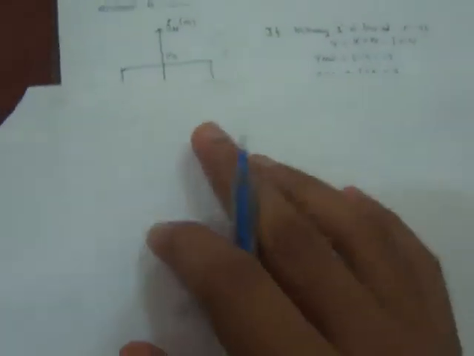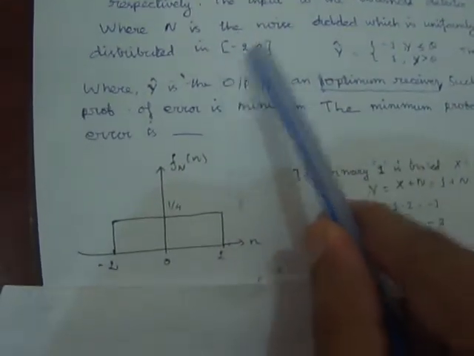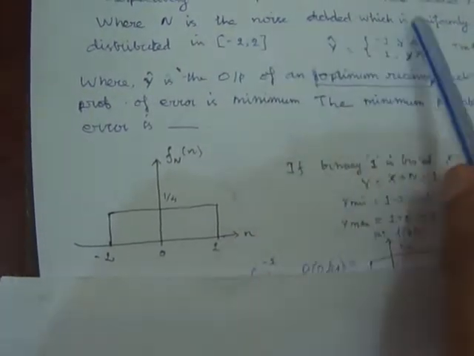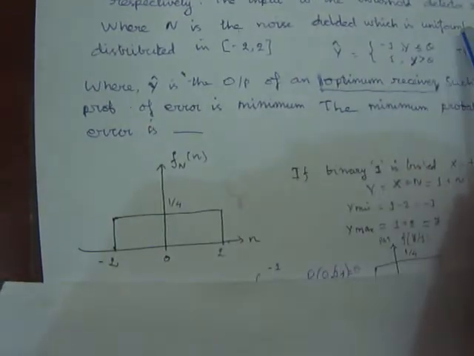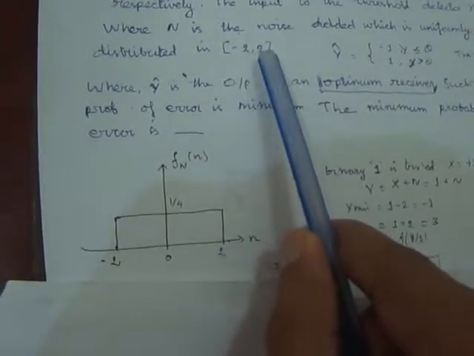Okay, first we can draw the noise density function. It is given that the noise added is uniformly distributed over -2 to 2.